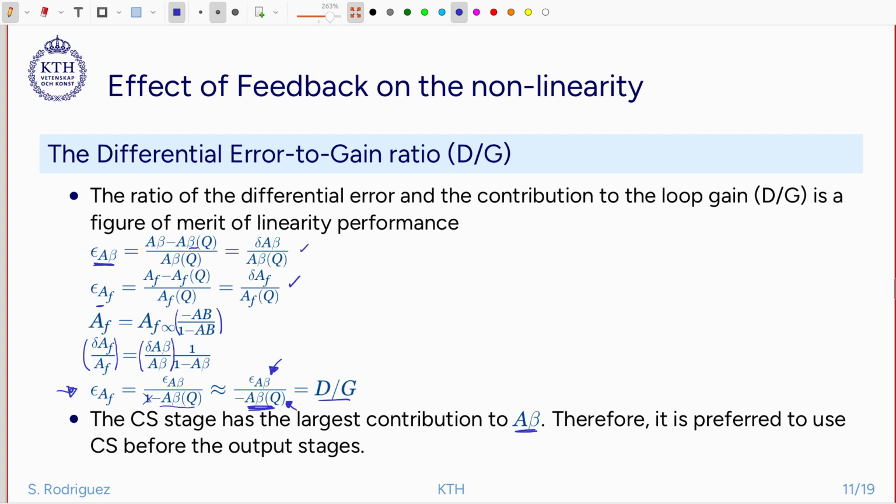They will have better damping of the differential error than other stages. That is why in most cases the preferred stage to put at the output of an amplifier, the last stage, is a common source, because it provides a lot of gain that will damp the differential error.